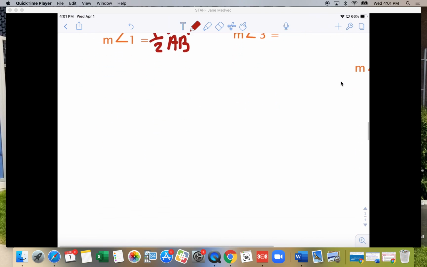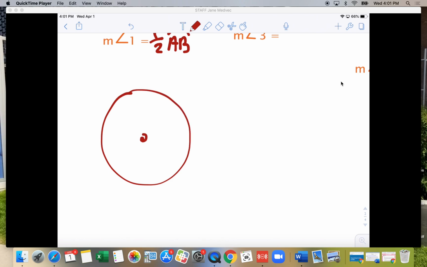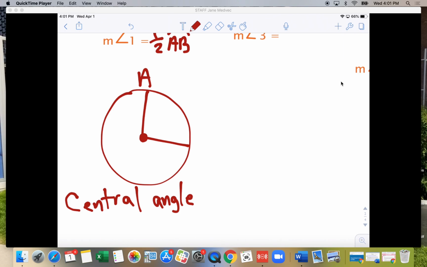Another one that we looked at that's a little bit review is if I have a circle and I have the center of the circle, this is called a central angle. I'll call this A, B, C, and I'll call this 2, the measure of angle 2, and let's say that's 20 degrees, it equals 20.